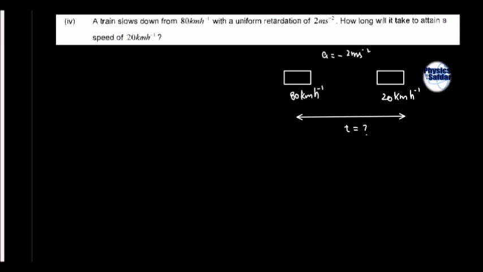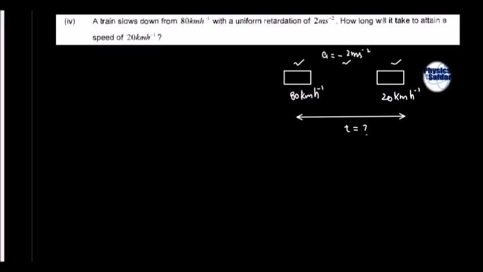In the beginning, the train was moving at 80 km per hour. Then it slows down to 20 km per hour. It is very clear the speed is going to slow, that's why you get the retardation minus 2 meter per second square. And here you need to calculate the time in which the speed changes from 80 to 20 km per hour.